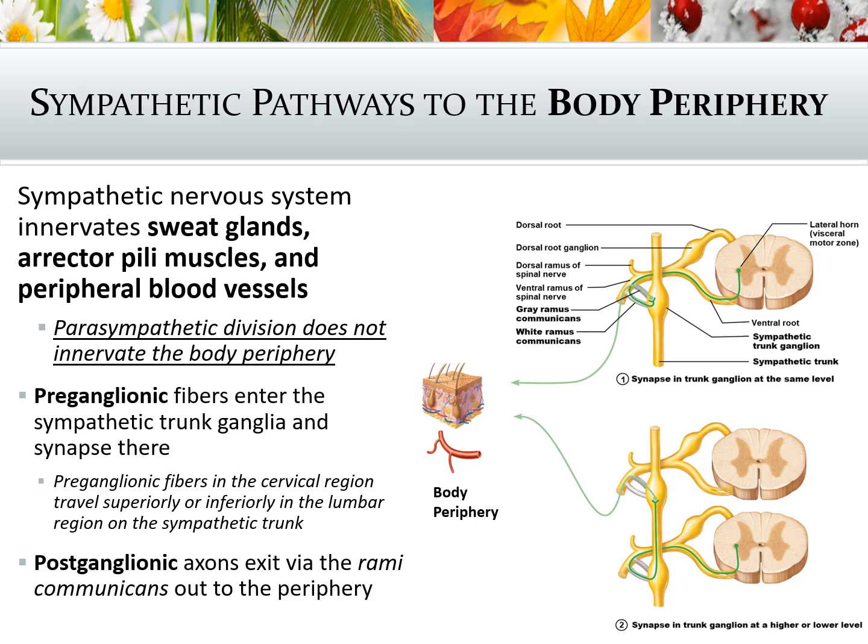And then the postganglionic axon is just going to go out to the periphery. So pretty simple, we can take one of two pathways. We'll either synapse right at the level where we exited, or we're going to ascend or descend depending on if we're going to the head or maybe the lower limbs, to the periphery of those regions.